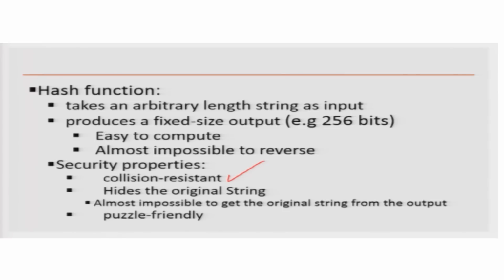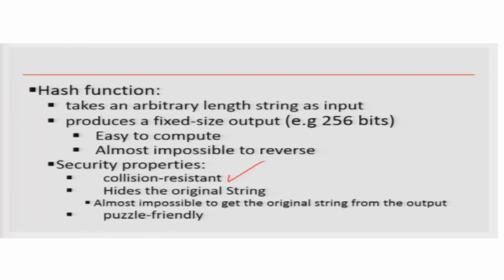And certainly it hides the original string. So, if you say I want to prove I know this string, but I do not want to tell you the string, then what I can do is send you the hash, and the other party should have a way to check that this is the hash of that string. Even if the other party does not know the string itself, he might have the hash, and therefore he can match them.